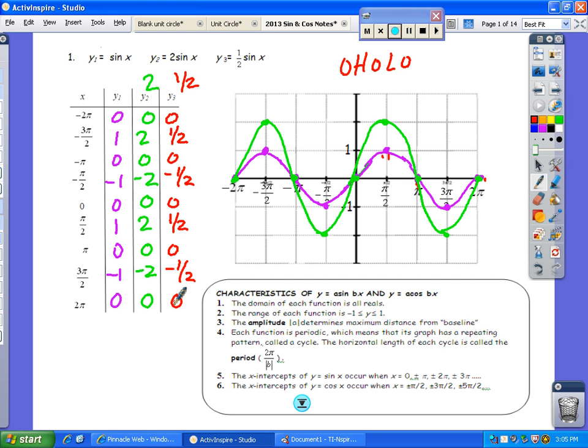We've just smushed our graph down some. The 0 stays 0, but we're going to half the height. And connect those. So it's like taking little short breaths.